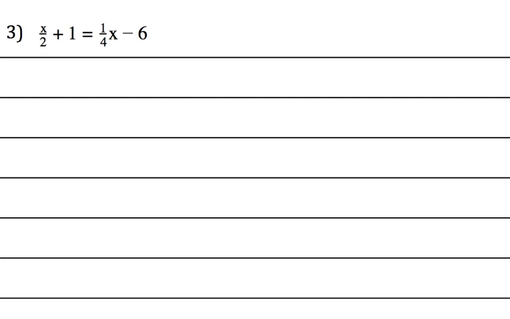And I'm going to write the words kill the fractions. So if you want to kill the fractions, let's think about least common multiple after I rewrite this. On one side I have x over 2.